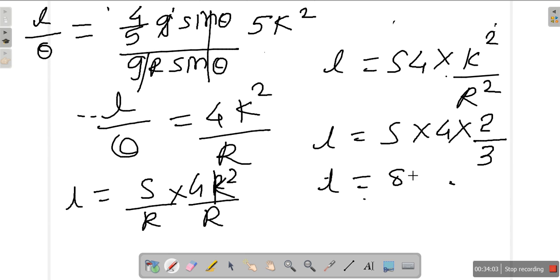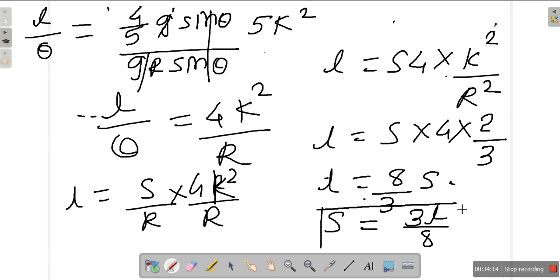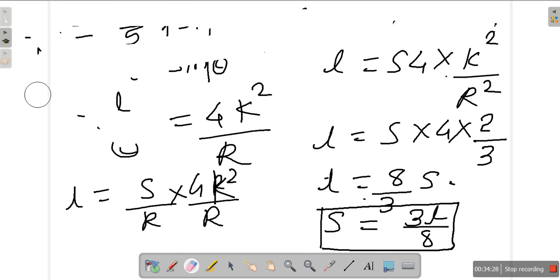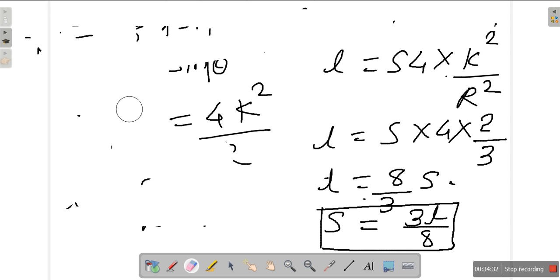So L is 8 by 3 times S, or S is 3L upon 8. So this linear distance is spent in rolling. So friction will not do work over this distance. 3L upon 8 is spent in pure rolling, and therefore friction will not perform any work. The friction will perform work only when it is skidding.